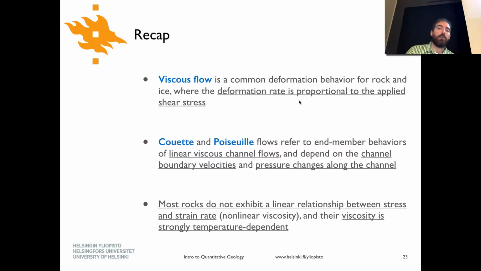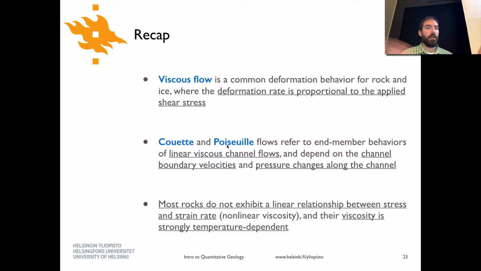The general relationship, for any viscous flow, is one in which we have deformation rate being proportional to the stress that you apply to the fluid. We saw these end-member viscous flows, the Couette type flow, where you have this linear increase in velocity from bottom to the top of the channel, and the Poiseuille flow, it's more like a parabolic shape of flow within the channel, and that those reflect differences in the velocities at the boundaries of the fluid, so movement of the walls of the channel or changes in pressure along the length of the channel, and that these things can be mixed.